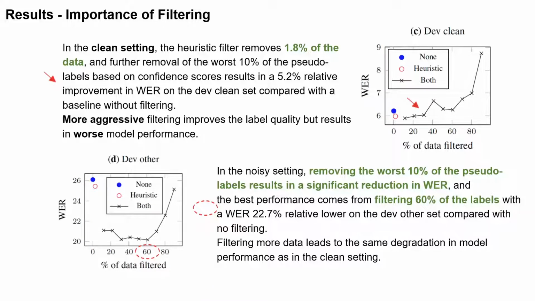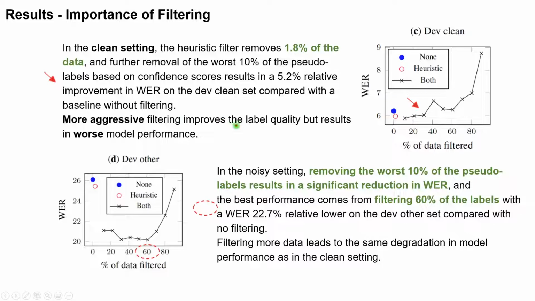Now there is one more point here. In the clean setting, the improvement you get is at around 30% of the data filtered. Up to that point you are getting good WER, but the moment you start filtering more data, the WER worsens.